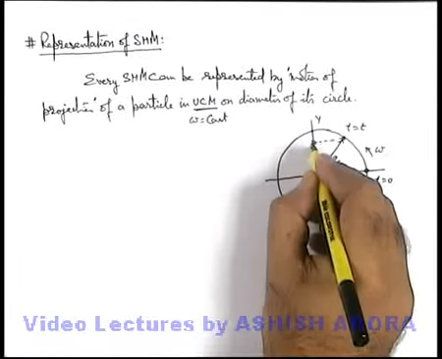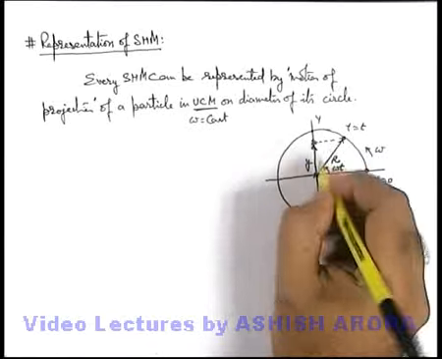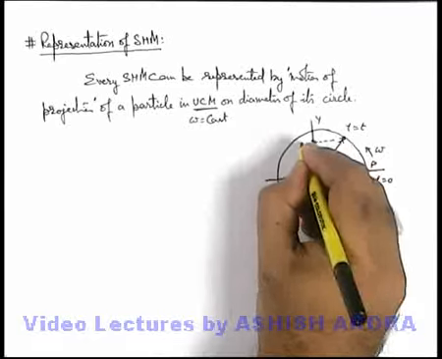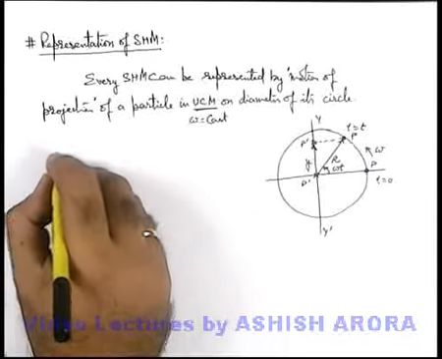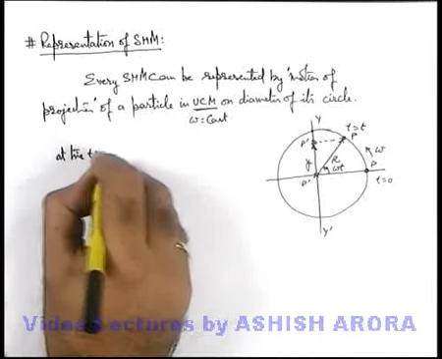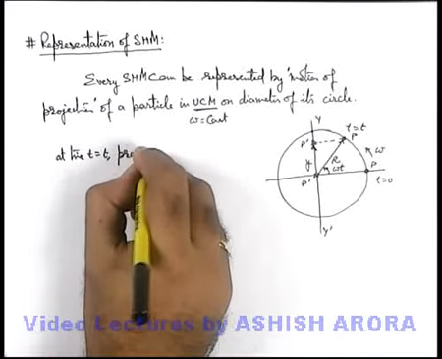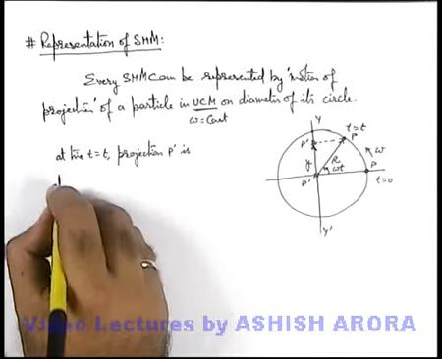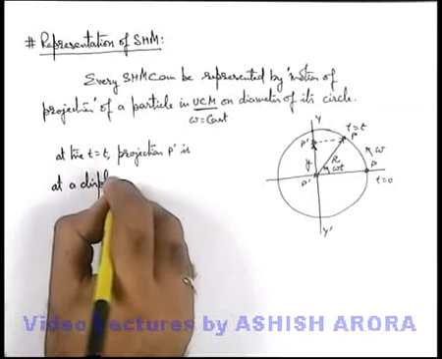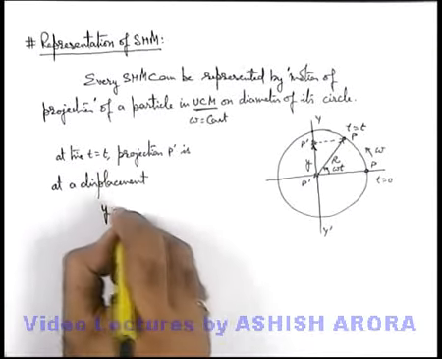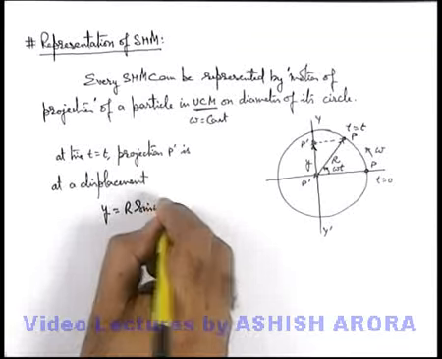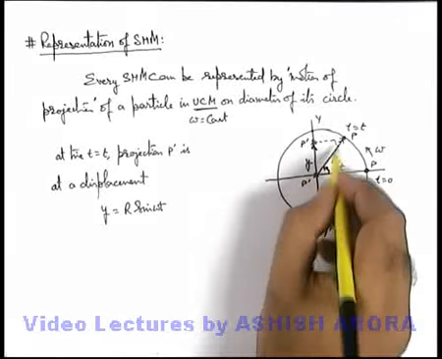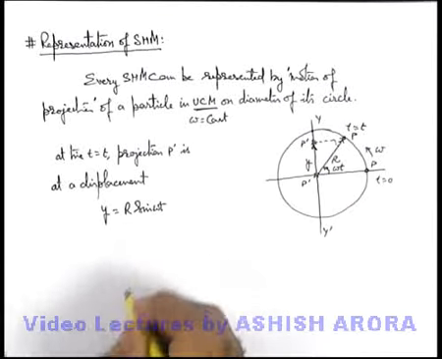So the displacement of this projection, say y, can be simply written as follows. Say the particle is P and its projection is P dash, then at time t, the projection P dash is at a displacement y, which can be given as r sine of omega t. As this is omega t, this is also omega t, here we can write simply from this right angle triangle, y is r sine omega t.